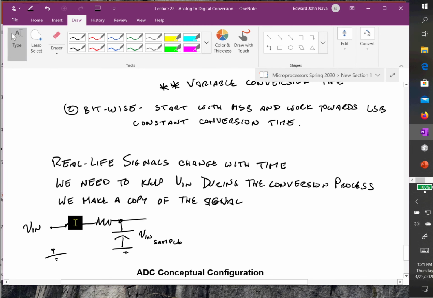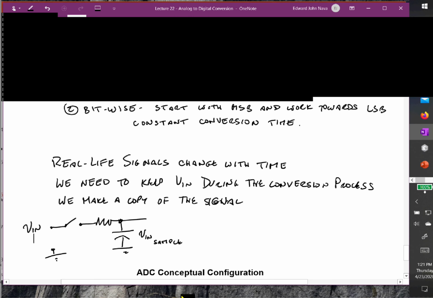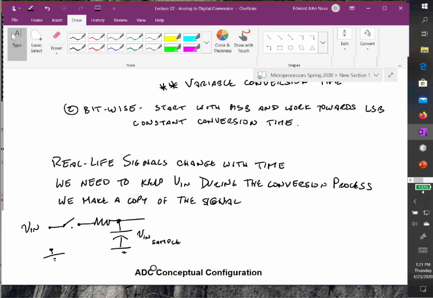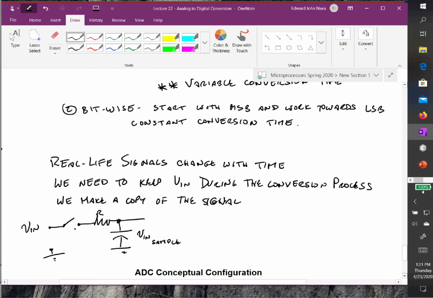For some short duration, I have to charge up this capacitor. So I'll close the switch for some period of time, charge the capacitor, and then open the switch, and while I'm doing the conversion process, this is going to be held steady. This is what is called a sample and hold amplifier.